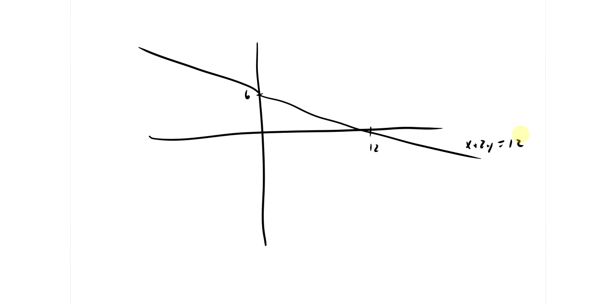So I think the next page is blank. So let's recreate our little drawing. We have 6 and 12, and that was the line x plus 2y equals 12, and then we had intercepts of 4 and -9, and that was the line 9x minus 4y equals 36.